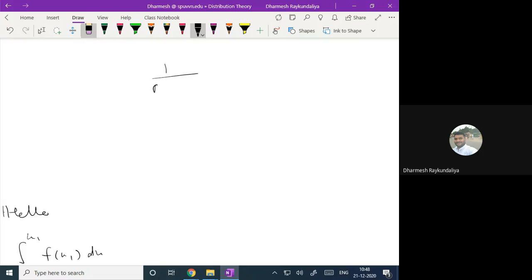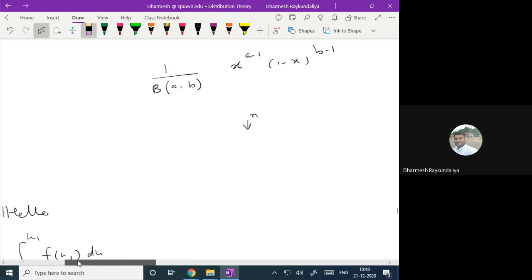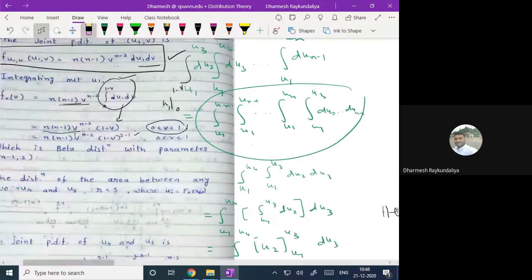What is the beta? So beta has the density beta(a, b). We have seen that x raised to a minus 1, 1 minus x raised to b minus 1. In our setup, what is that? It is v raised to, what was written? n minus 2.